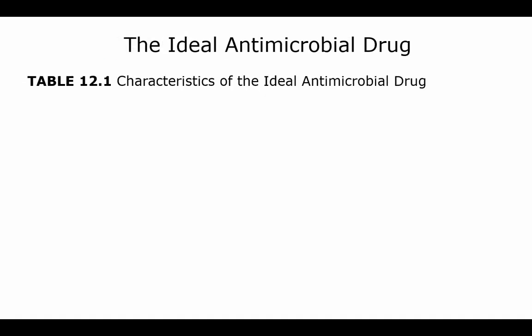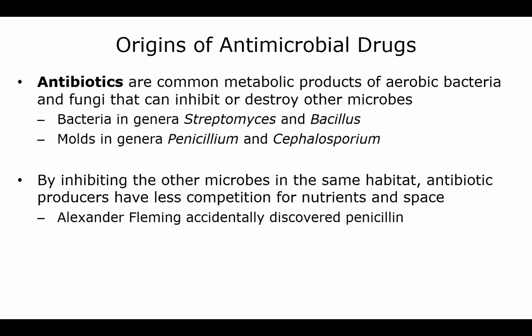Table 12.1 lists the characteristics of an ideal antimicrobial drug that you'll need to look at in your textbook. Now, antibiotics are what we use a lot of the times. And antibiotics are metabolic products of aerobic bacteria and fungi. And they can inhibit or destroy other microbes.